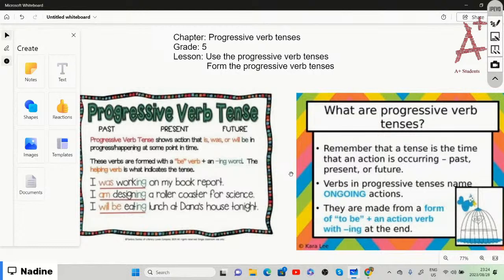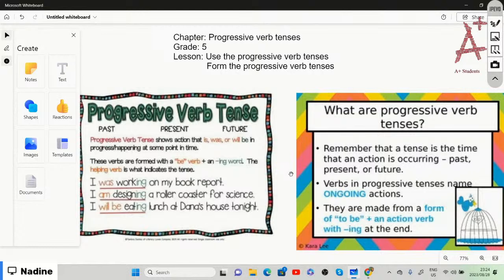And they are made from a form of to be and the action verb, which is usually the ing at the end. So will be doing, will be going, right? So that is what they actually mean. It is made from the form to be plus the action verb, which is ing at the end.